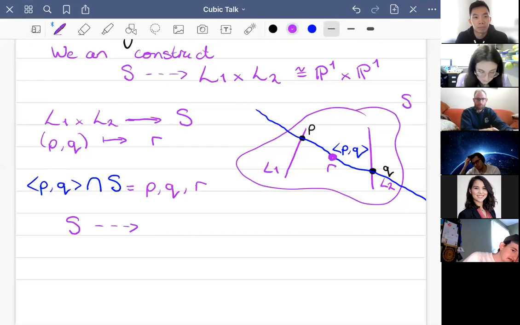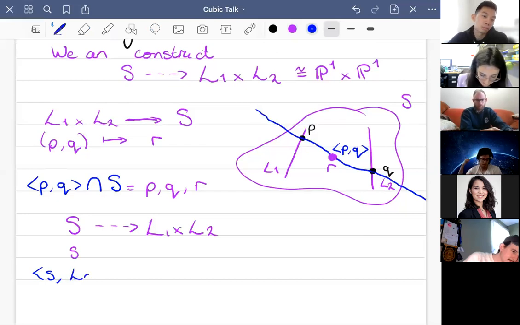Okay, so now the reverse map is a little bit trickier. And it's not going to be defined everywhere. So if we take a point S on S, what we can do is we can consider these 2 planes. So S is a point, and we can take one of the lines. So let's pick L2.